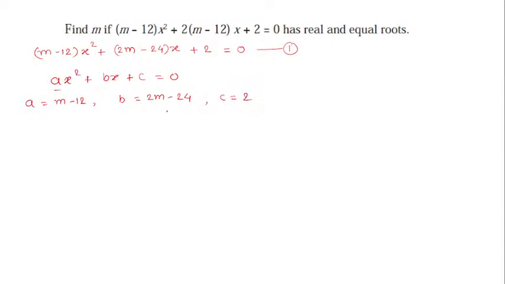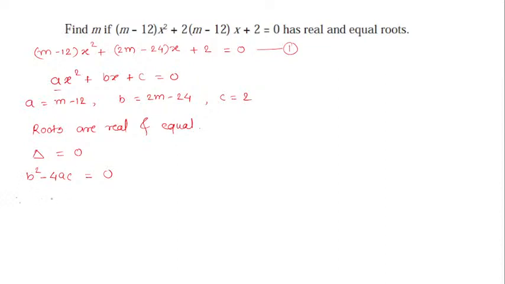So these are the values of a, b and c, and we have found the values of a, b and c because we have to find the discriminant. Now it is given that the roots of this equation are real and equal. When we get roots real and equal, delta is equal to 0, that means b square minus 4ac is equal to 0. Now we have the values of a, b and c here. Only we have to replace that in this formula, that is in the discriminant.